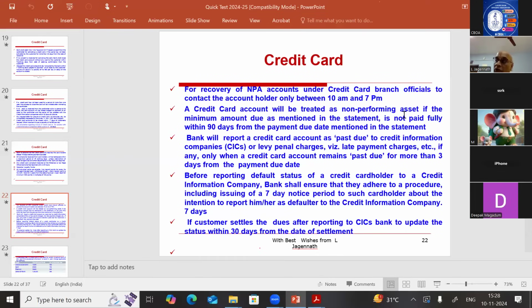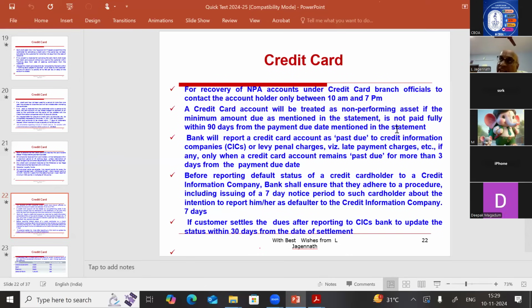When will a credit card account be treated as a non-performing asset? A credit card account will be treated as a non-performing asset if the minimum amount due as mentioned in the statement is not paid fully within 90 days from the payment due date mentioned in the statement.